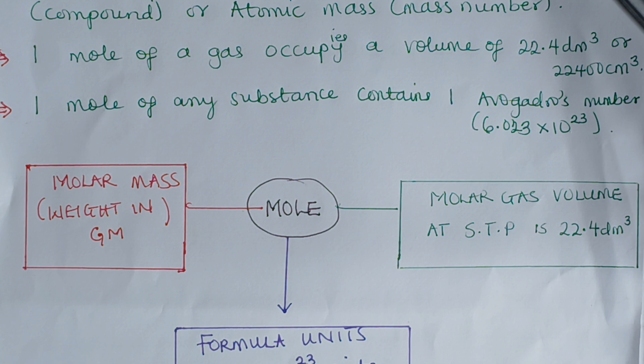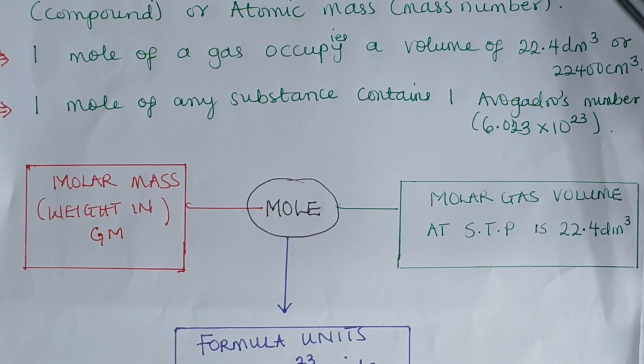That is, 1 mole of any substance contains or is compared to 12 grams of carbon is approximately 1 Avogadro's number, which is 6.023 times 10 raised to the power 23. It is also approximately equal to the molar mass.